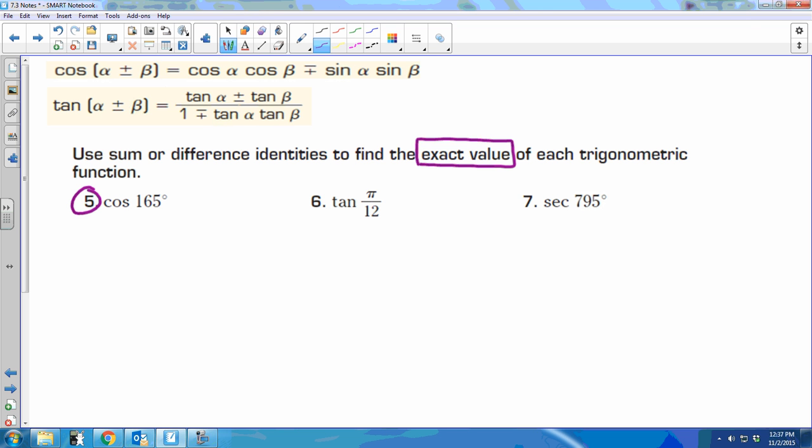So someone name two angles, let's just stick with addition, that you can add to get 165 degrees. 135 and 30 add up to 165 degrees. 135 and 30, both on the unit circle. So you have cosine of 30 plus 135. You can do the order you want to. You can do 135 plus 30. I don't care.